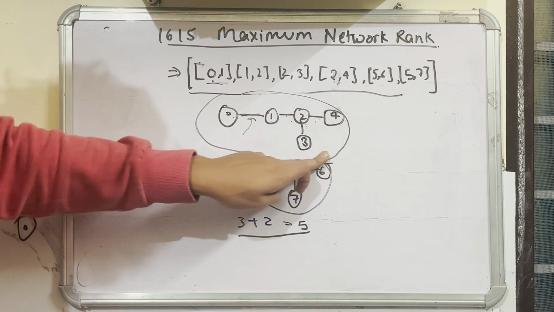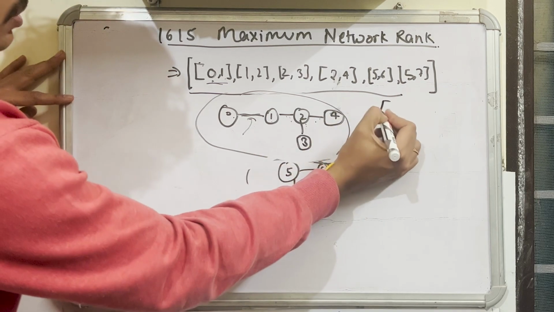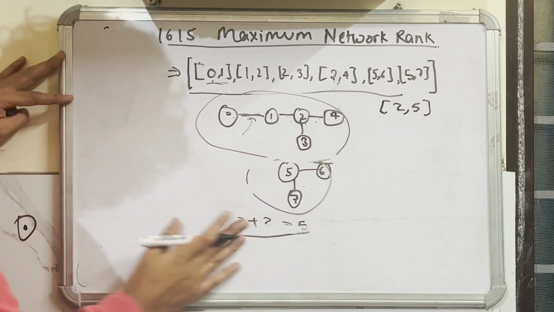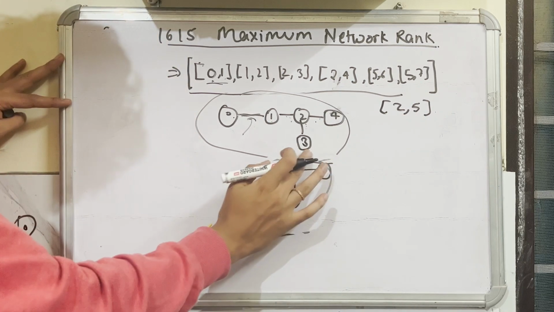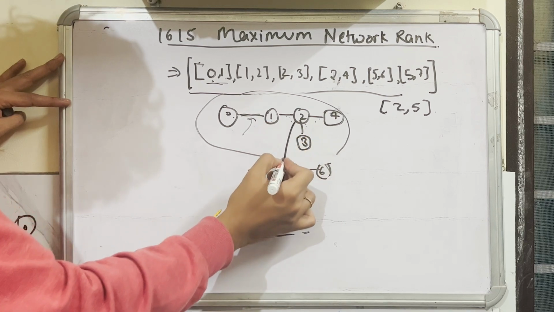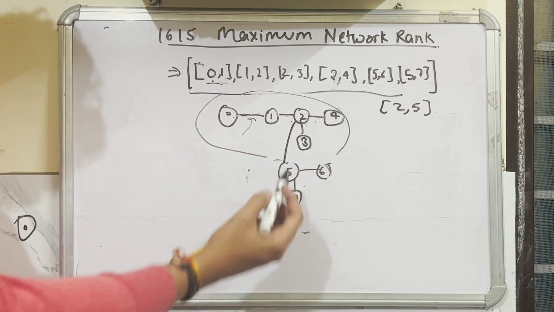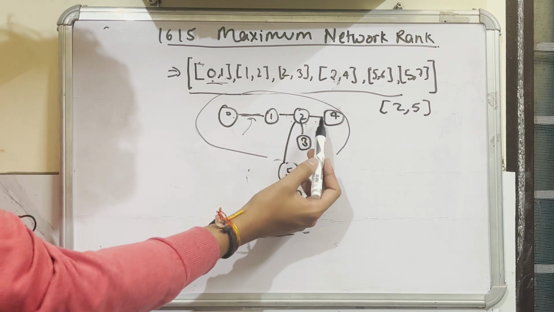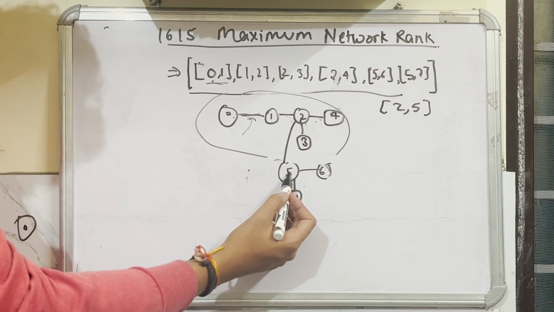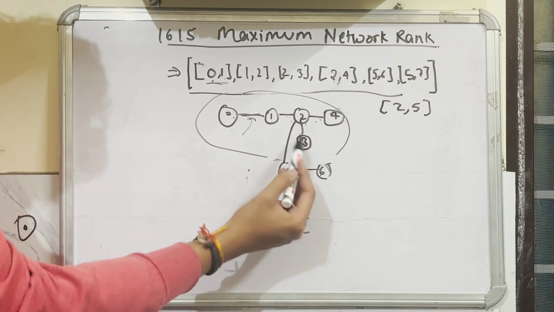For example, if there is one more thing given to you, for example 2 comma 5. Let me write this and let me explain it. If 2 and 5 are connected, what will be your count? 2 is connected to these 4 cities, so it will be 4, plus city 5 is connected to 6, 7 and 2.